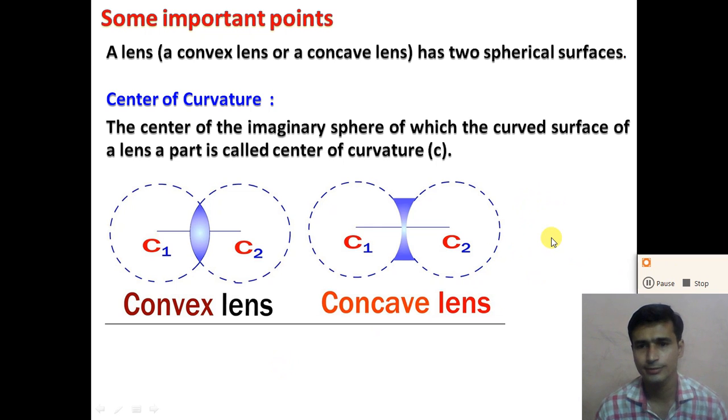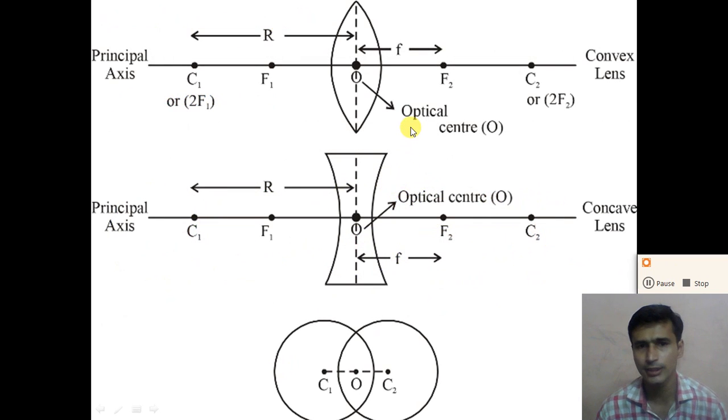Now next, in case of the concave lens or convex lens, there are two centers of curvature indicated by C1 or 2F1 and by C2 or 2F2. So in this convex lens, two centers of curvature C1 and C2.